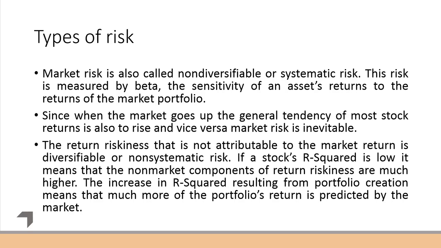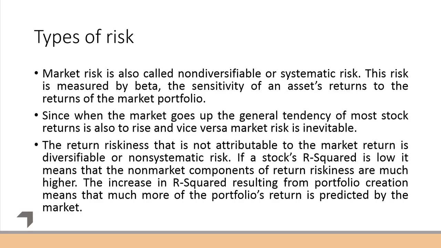Since when the market goes up, the general tendency of most stock returns is also to rise and vice versa, market risk is inevitable. But the return riskiness that is not attributable to the market return is diversifiable or non-systematic risk. If a stock's R-squared is low, it means that the non-market components of return riskiness are much higher.